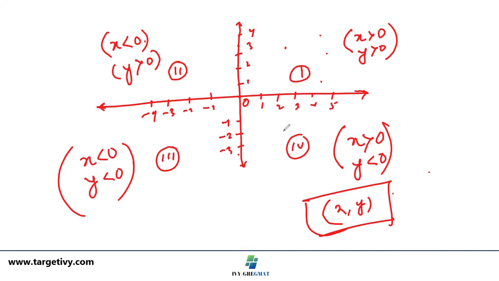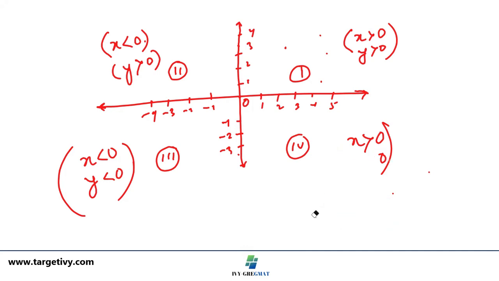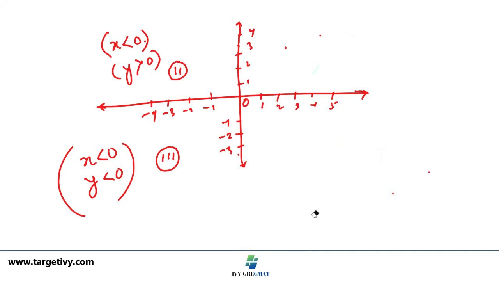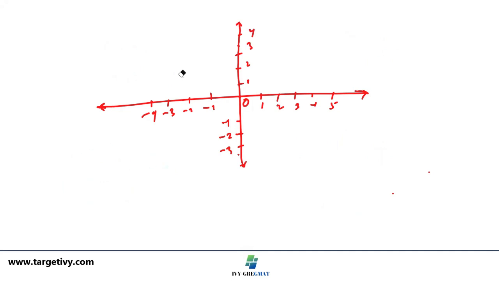Now, once we are done with plotting a point, a very simple question can be, what is the distance between 2 points? So, let's take an example, or rather, let's take an x and y. There are two x's and y's. So, if I say there's an x, y here, and there's an x, y here.